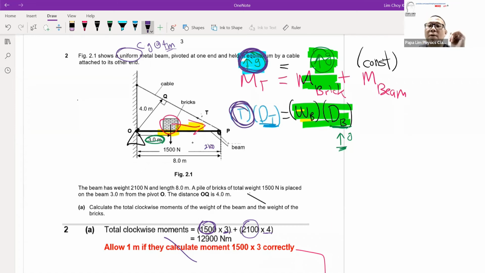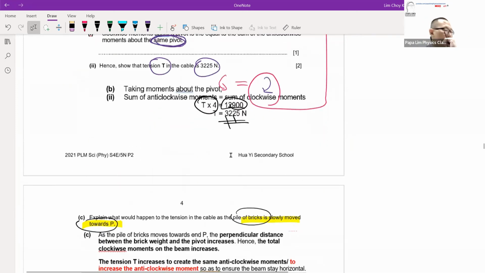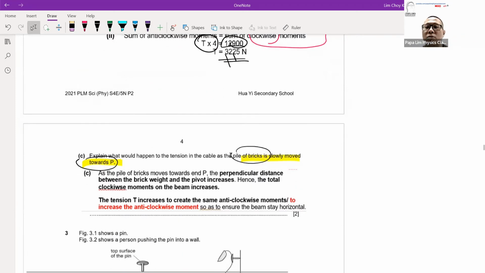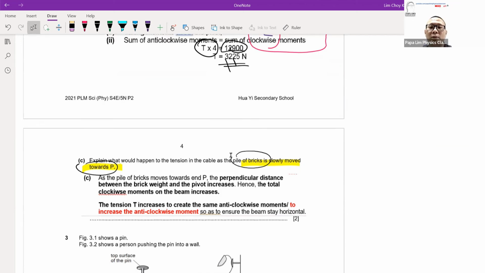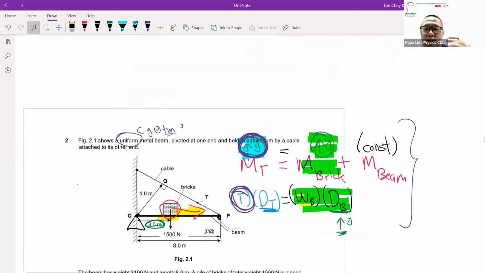That's why I have to increase the tension in the rope to balance the beam. This is how I deduce what happened to the tension in the cable. This is how the reasoning works.